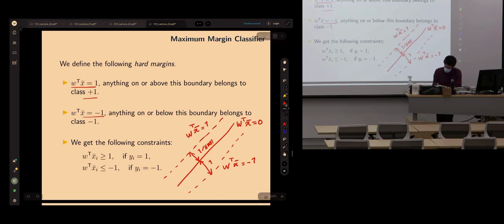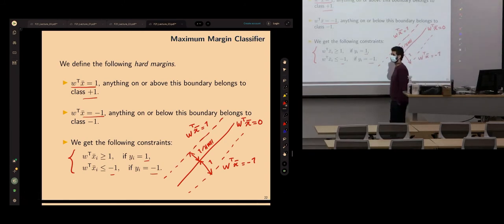So this will give me 2 constraints: W transpose X bar i greater than or equal to 1 if the label is +1, and W transpose X bar i less than or equal to -1 if the label is -1.